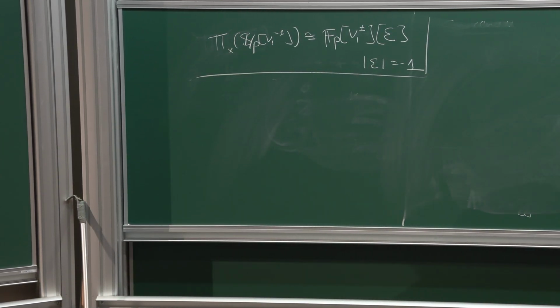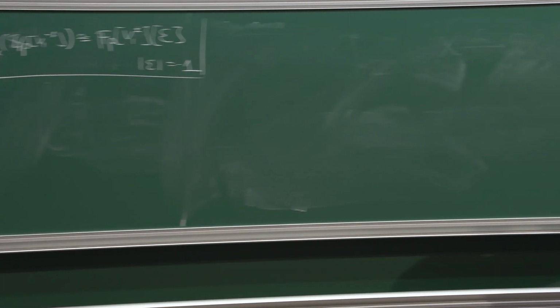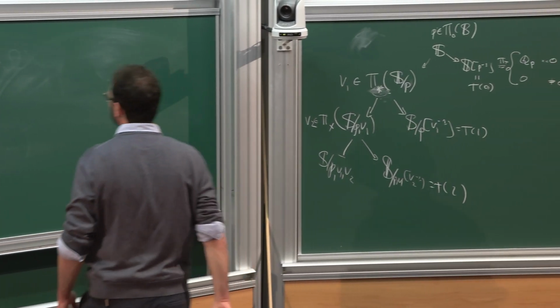What do we learn from this V1 about the homotopy groups of spheres?